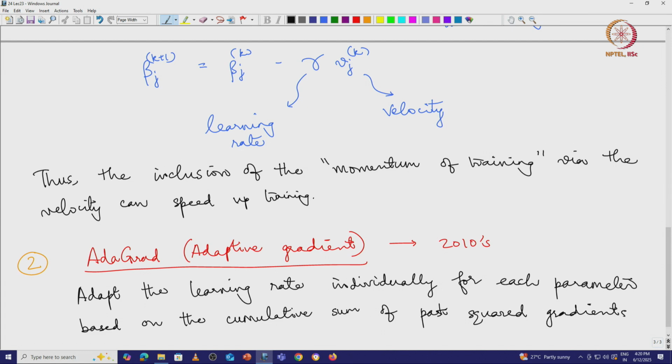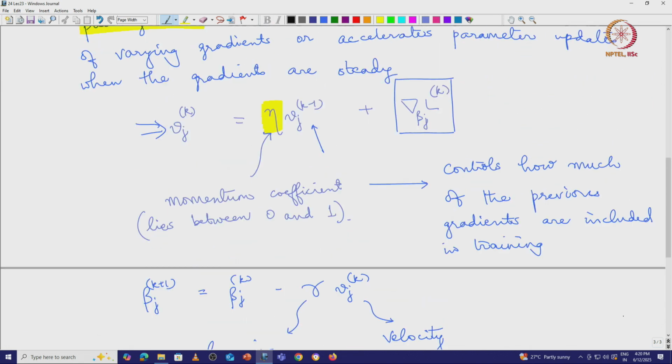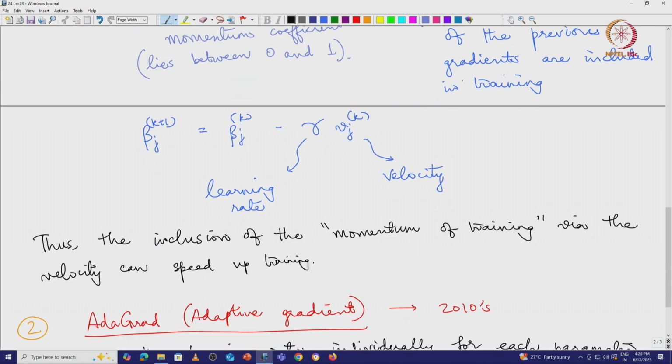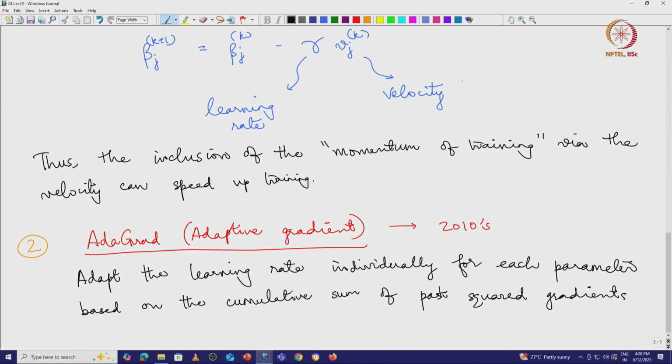Instead of directly taking the gradient, as was done here, we look at the cumulative sum of these past squared gradients, and then we adapt the learning rate. So, this happens as follows.